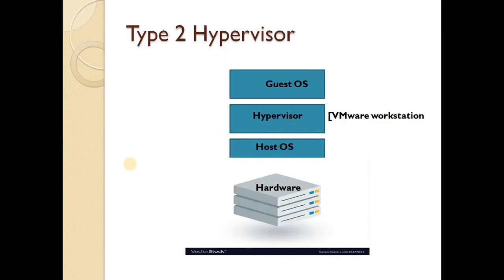So when we talk about the type 2 hypervisor, have a look over here, because I do believe you have to make this concept clear. Now, when we talk about type 2 hypervisor, if you remember, I told you all the companies or the bigger organizations or enterprise level, the people are going to use only type 1 hypervisor. But when we talk about the type 2 hypervisor, this is used for the testing purpose.